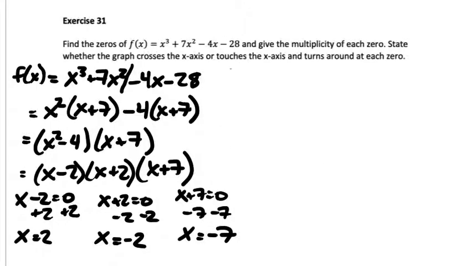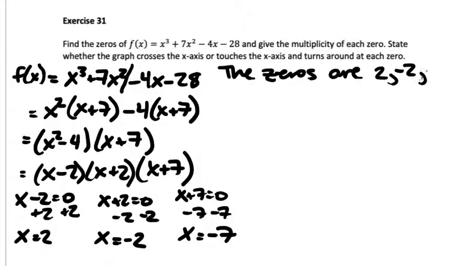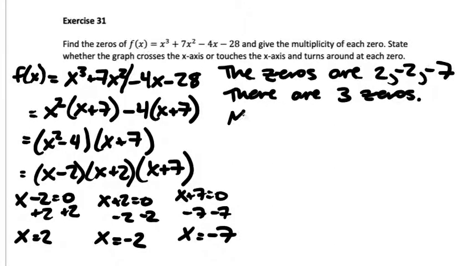So in this case, there are 3 zeros. The zeros are 2, negative 2, negative 7. Doesn't matter what order I put them in. So there are 3 zeros. Multiplicity of largest, I'm going to abbreviate here so I don't run out of space.